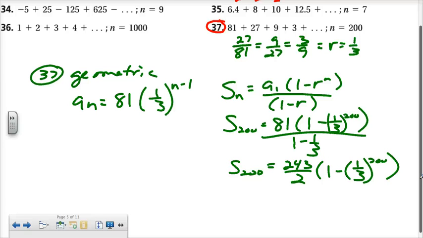And then 243 halves times 1 is 243 halves. Since we're finding the summation of all of these, this is where we usually will just go with a decimal, especially if it's nice like this one, 121.5 for the sum of those 200 terms. So kind of an interesting little problem there.